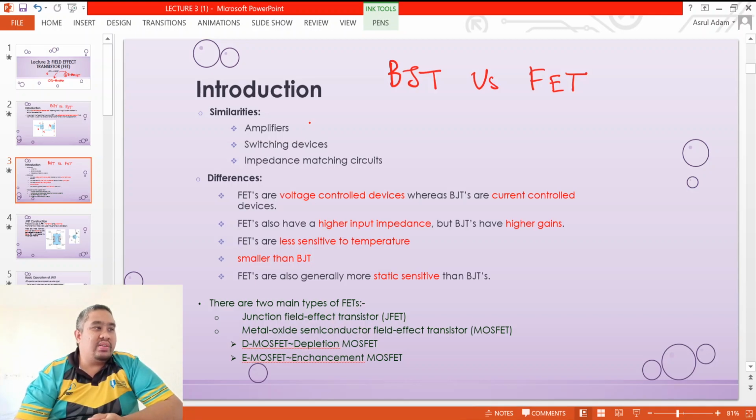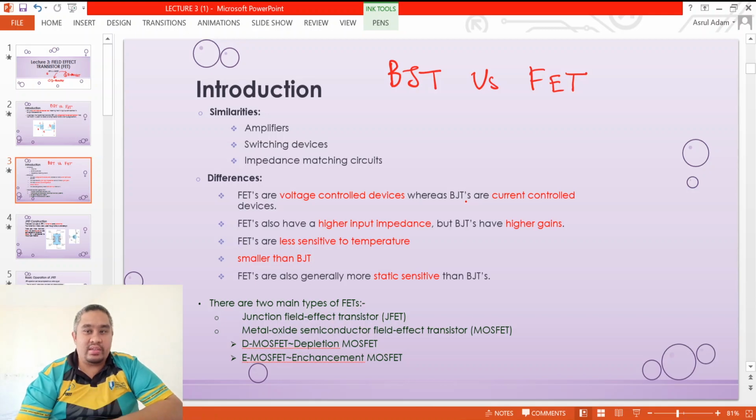What is the difference between BJT and FET? There are several differences, as you can see in the slide. FET is a voltage control device, whereas BJT is a current control device.